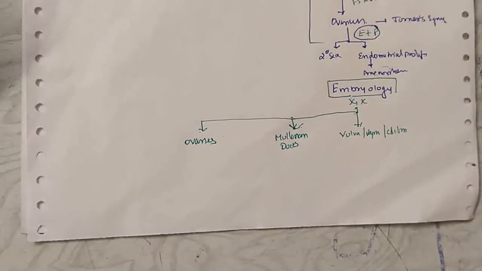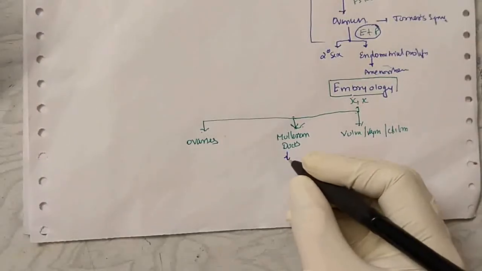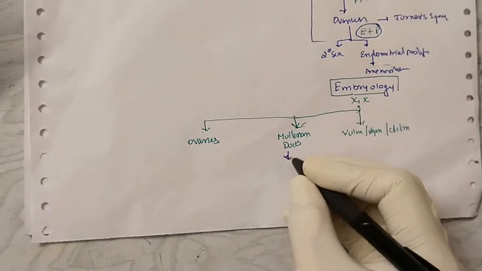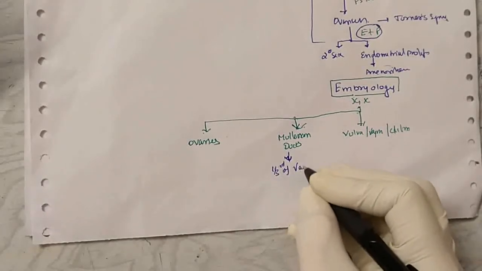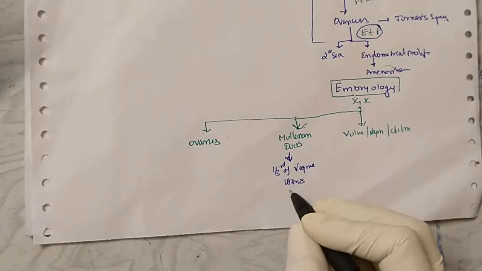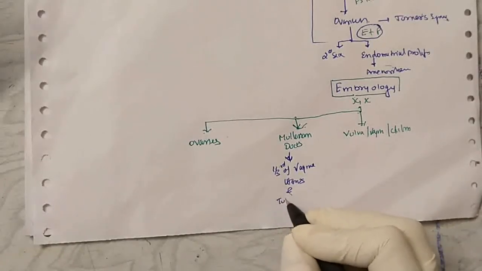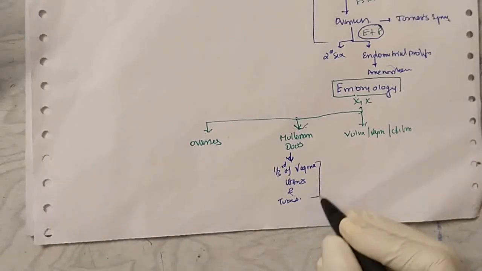If Mullerian duct, what is the function of the Mullerian duct? It helps in development of the upper one third of the vagina, uterus and tubes, fallopian tubes.